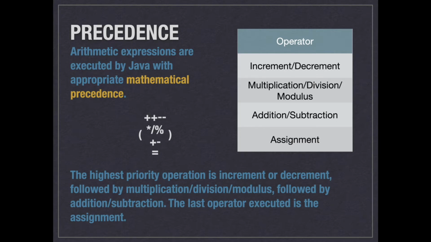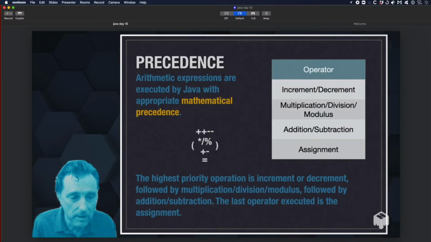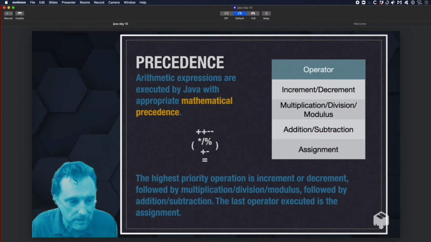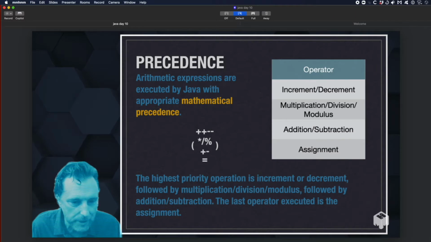If you write a math statement using operators like this, Java will look at the right-hand side of the equation, that is, to the right of the equal sign, and start processing it following mathematic precedence. In cases of equal precedence, it will process the expression from left to right.